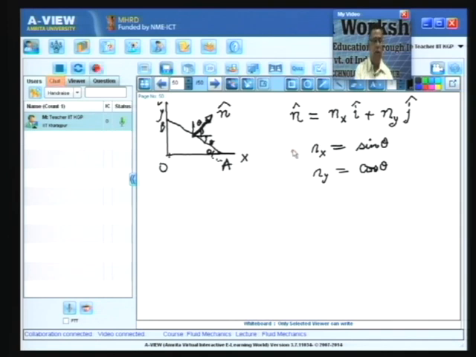So, I am using this hat sign or caret sign to denote unit vectors. So, if you look at the magnitude of n, that is under root of n_x squared plus n_y squared, that is equal to 1.